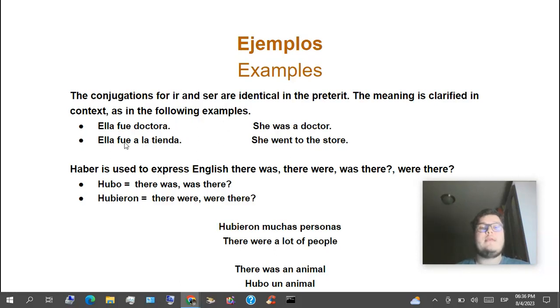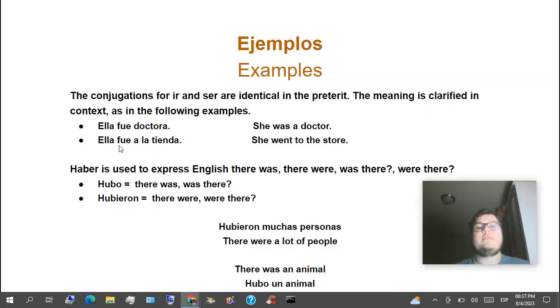So as you can see, it's completely different. Because the verb ser is used to describe a physical characteristic or the profession of somebody. But the verb ir, to go, is used to describe location, address, or where you are.